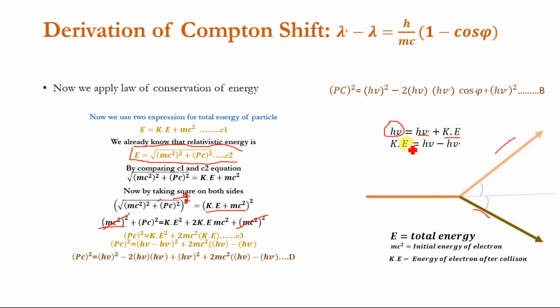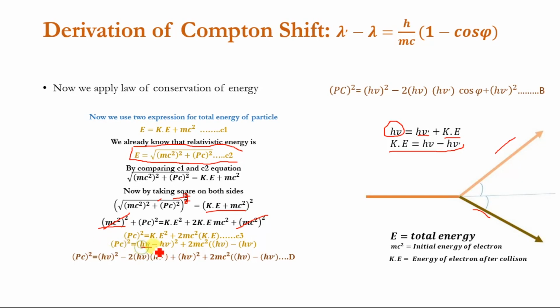So the kinetic energy of the electron becomes equal to h mu minus h mu dash. We put this value for kinetic energy in this equation. By putting the value of kinetic energy, this becomes pc whole square is equal to h mu minus h mu dash whole square plus 2 mc square into h mu minus h mu dash.